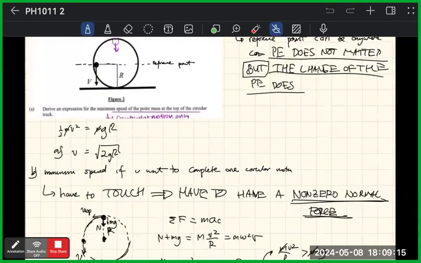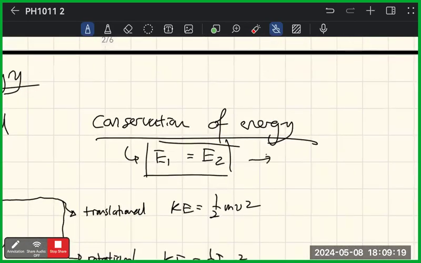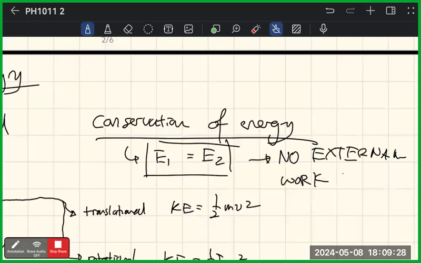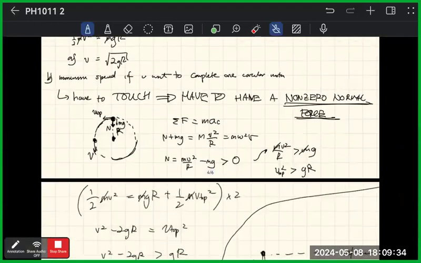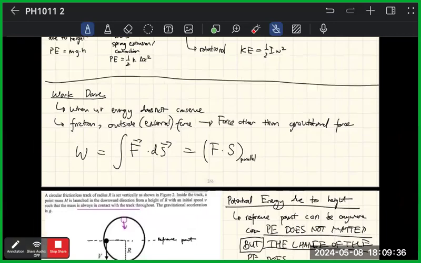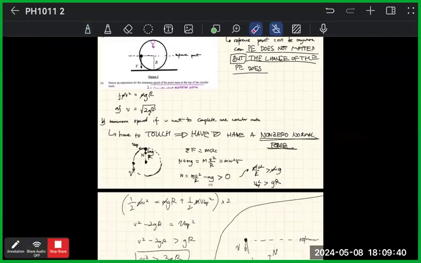For conservation of energy, there's also a condition, which is no external work done. I haven't given you an example for this, but we'll try to do that later on.